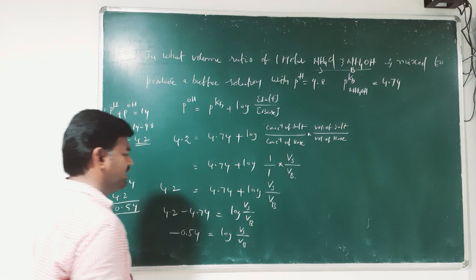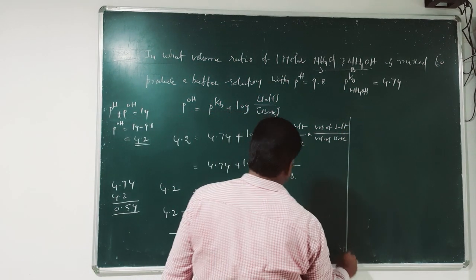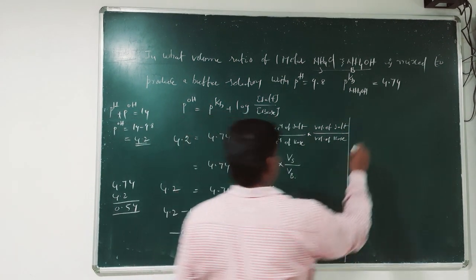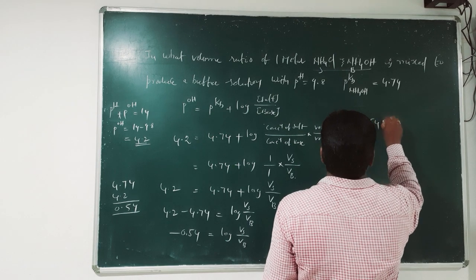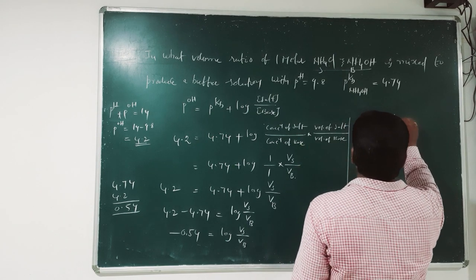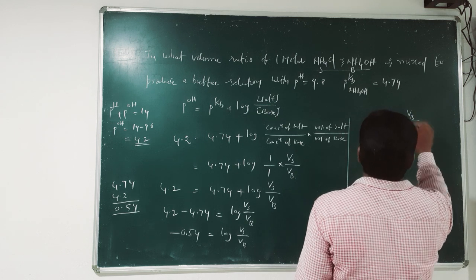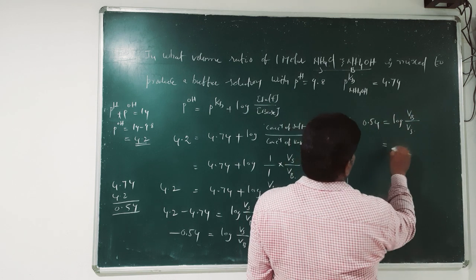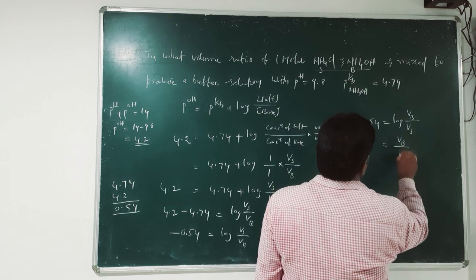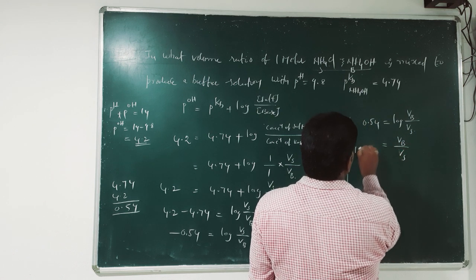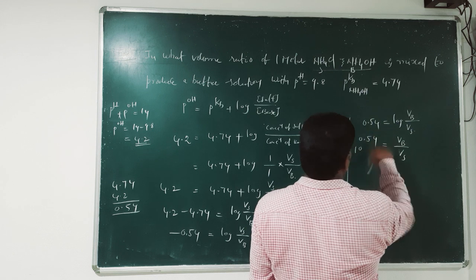When we multiply the equation with the negative sign, that gives 0.54 is equal to log volume of base by volume of salt. And again, volume of base by volume of salt is the anti-logarithm of 0.54.